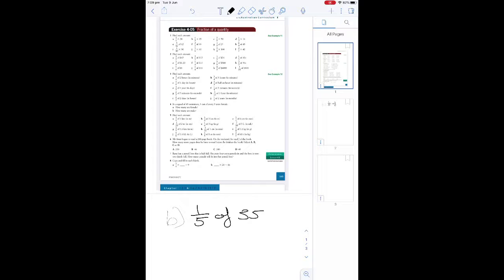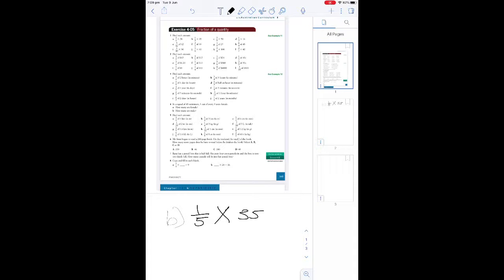Now you notice I wrote "of" because usually that's how it's written. Of and multiply are interchangeable, so I can simply place a multiplication there when I see "of". Now you can do it a couple of ways.